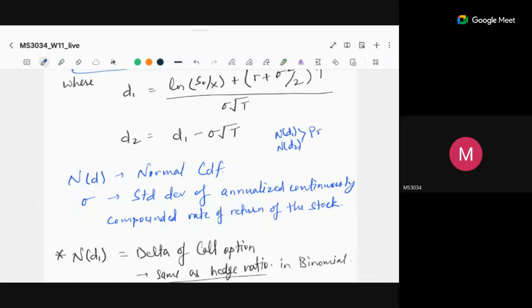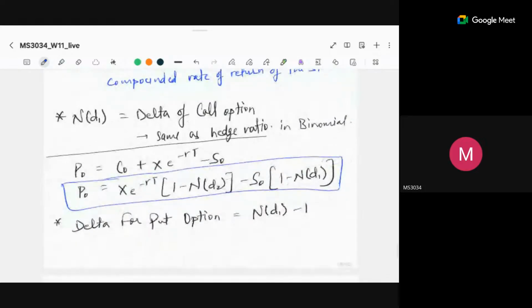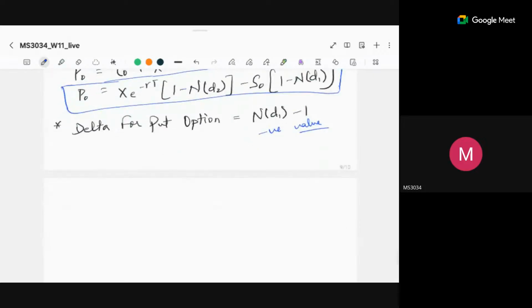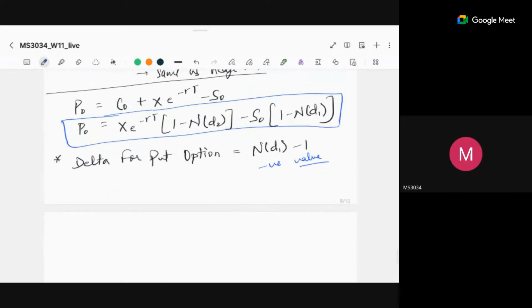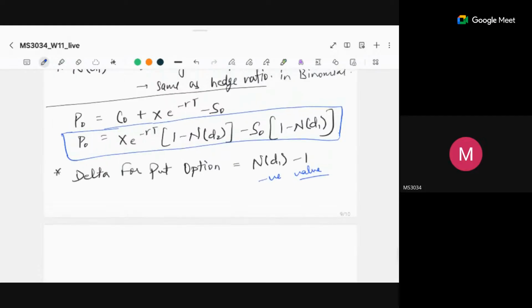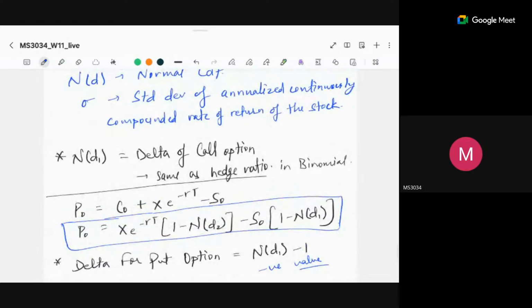These two are probabilities. That means these values lie between 0 and 1. So N(D1) minus 1 will be a negative value. That is true also, like at the start of our class we showed that the put option price goes down as the stock price rises. Okay, so delta for a put option is negative and delta for a call option is positive.